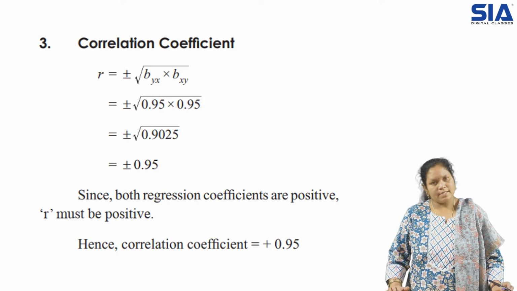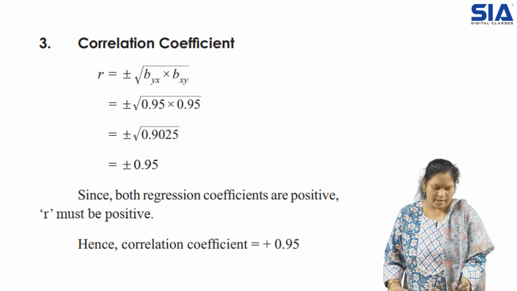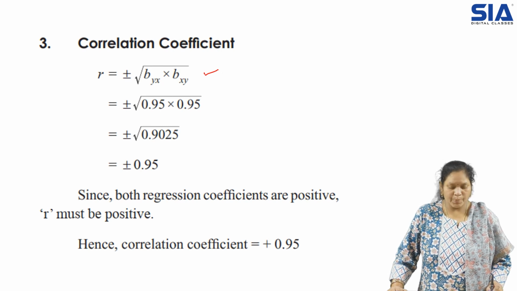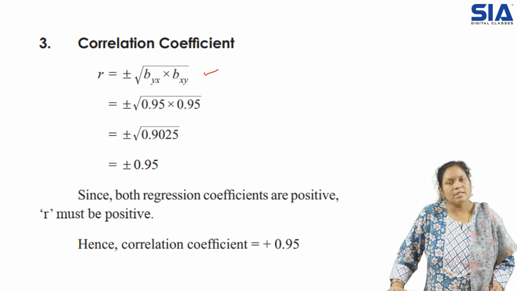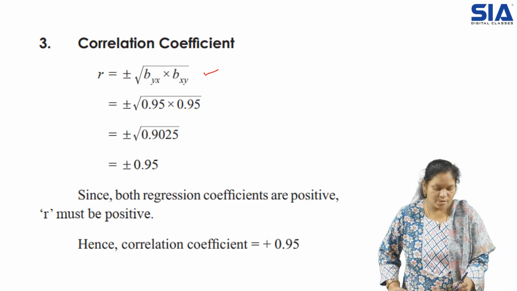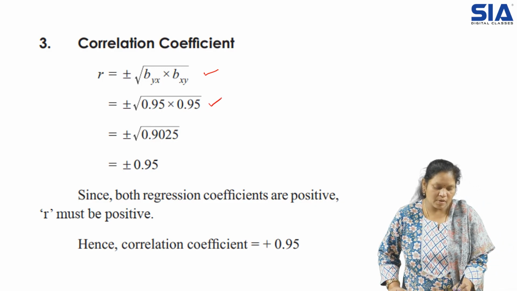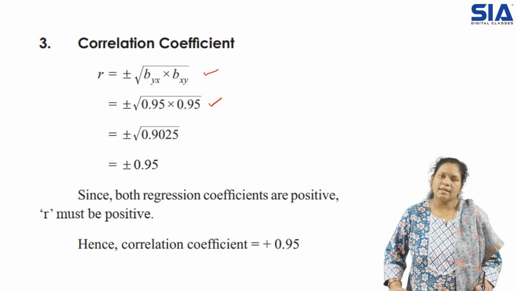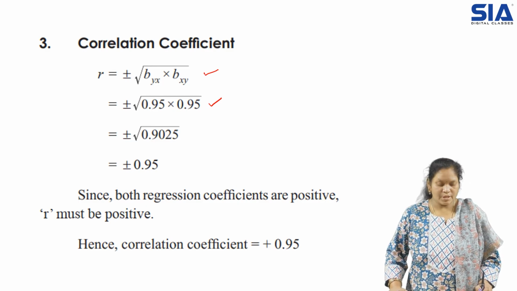So r is equal to plus or minus root over byx into bxy is the formula we have. The same previous formula I am carrying here. So plus or minus as it is, root over as it is, bxy and byx we have found, that is 0.95 into 0.95, you do it, then take the root, you will get the answer for the correlation coefficient r.